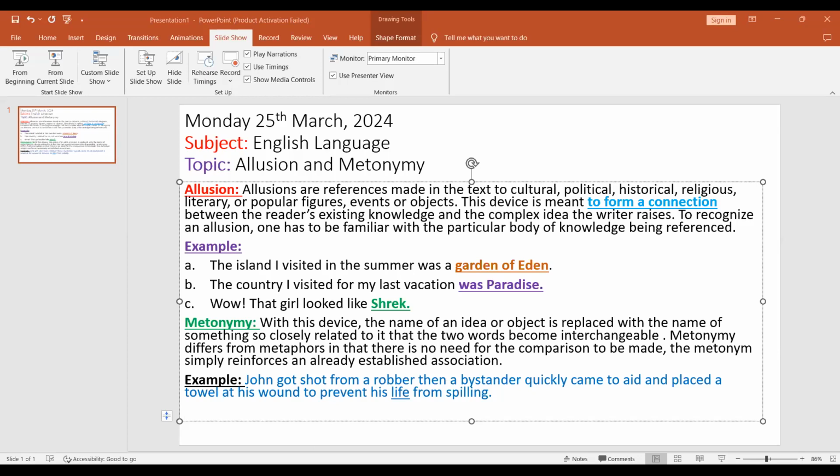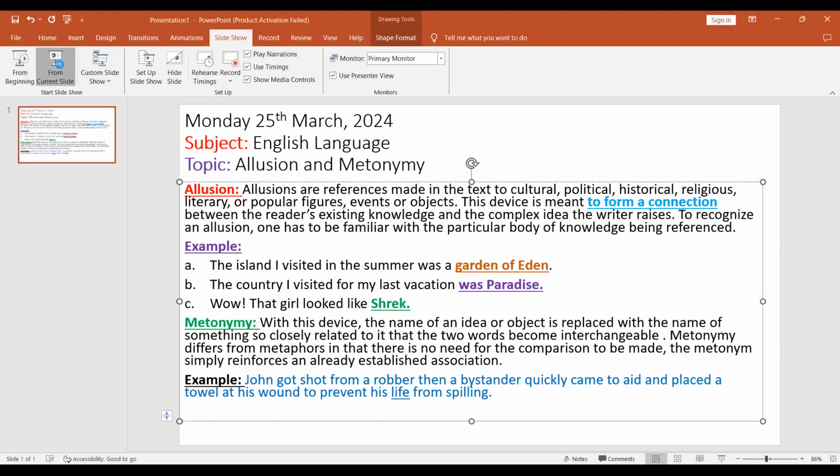Good. So why did they use the word life? Well, first there was spilling. So the spilling there already kind of reinforces what they were talking about, but they use the word life to just, I don't know, add more onto it.